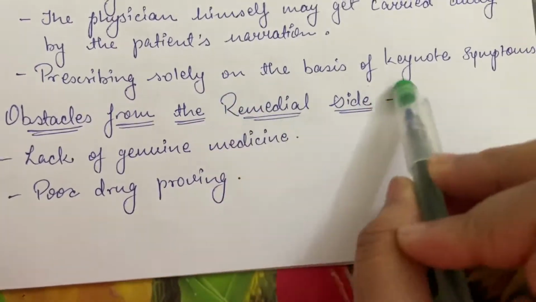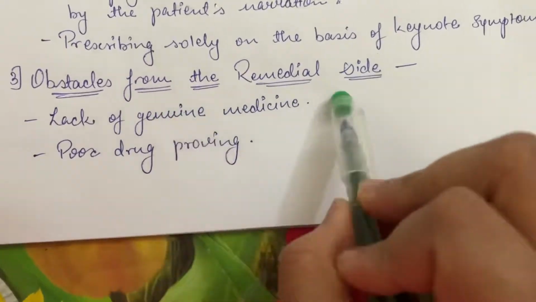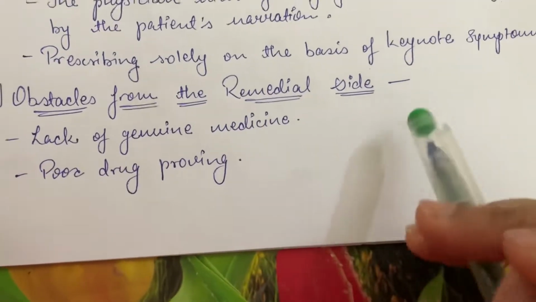Otherwise that will be considered as an obstruction from a remedial side, right? So giving genuine medicine is the most important thing, as is the simillimum.